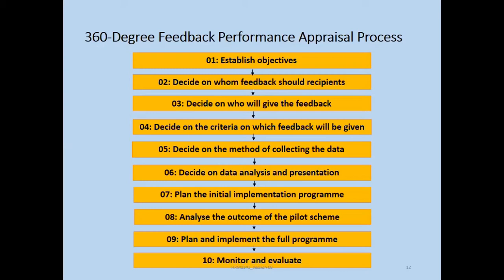The sixth step, decide on data analysis and presentation. The seventh one, plan an initial implementation program, that means the pilot project. The eighth step is analyze the outcome of the pilot project. Ninth one, plan and implement the full program. The last step is monitor and evaluate.